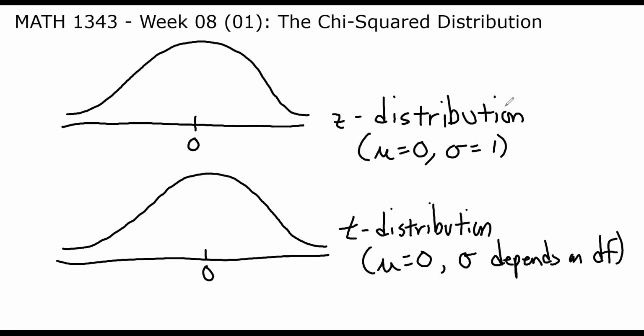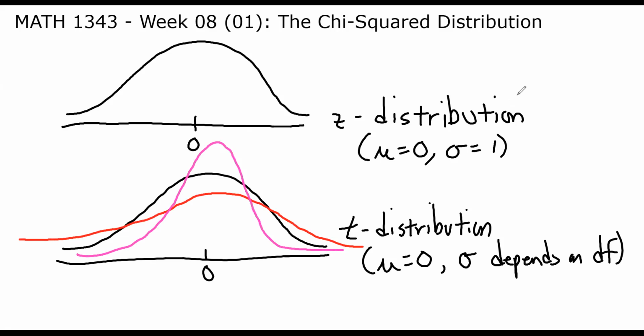And so depending upon the degrees of freedom, we may get a curve like you see here, or we may get something that is a little bit wider and flatter, like that, if it has a larger standard deviation. Or we may get something that's a lot skinnier and taller if it has a smaller standard deviation. So the T distribution actually has multiple shapes whose shape and standard deviation depends upon the degrees of freedom.